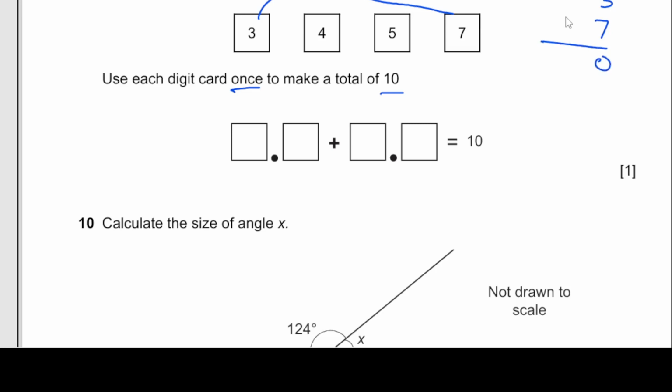So then there will be 1 carry from here to this side. So then we have 5 plus 4, 9 plus 1, it is 10. So we already have a decimal here, so we can write it down here. 4.3 plus 5.7, that makes the answer equal to 10, right?